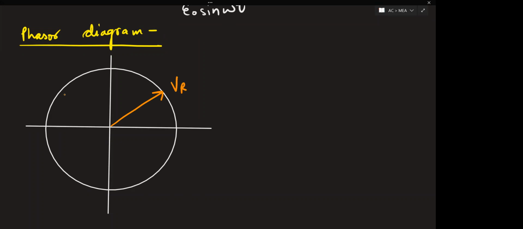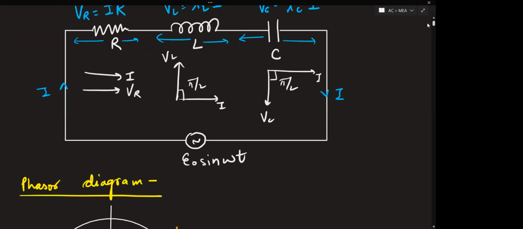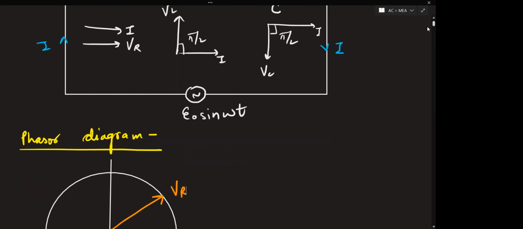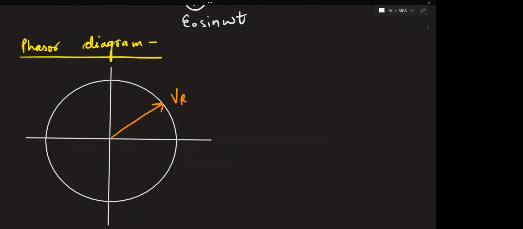Now for the capacitor, in the recent case which we have done, what happened? Voltage lagged behind. For the capacitor, voltage is lagging behind by 90 degrees. So in this diagram also we'll draw the voltage like this. This does not mean that the magnitude is less or more.